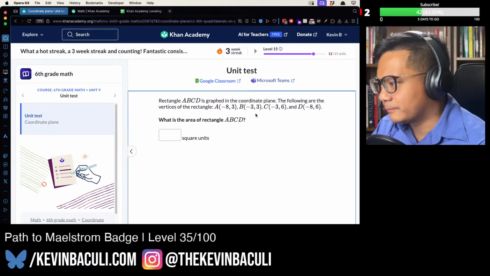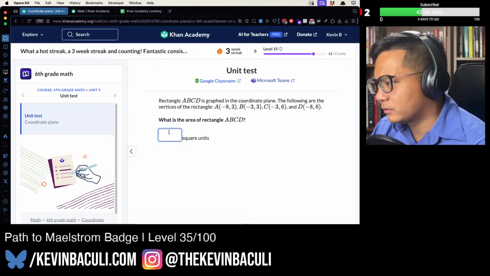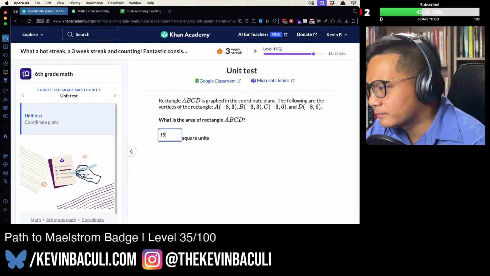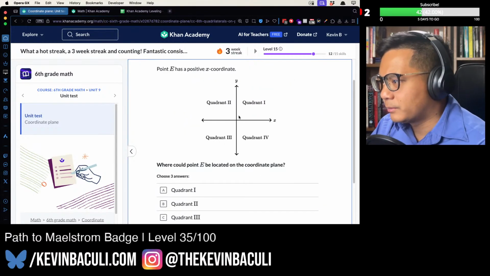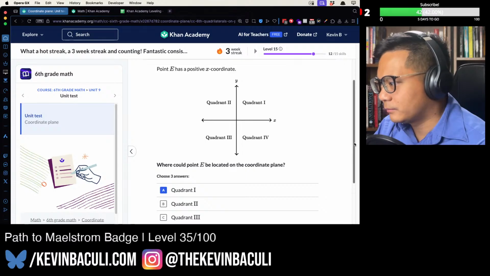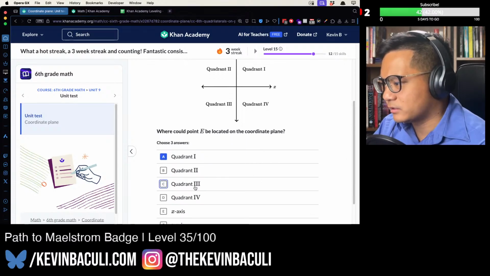What's this area? So 5 and 3. 15. It's a positive x coordinate, so it could be quadrant 1, quadrant 4. It could be on the x-axis.